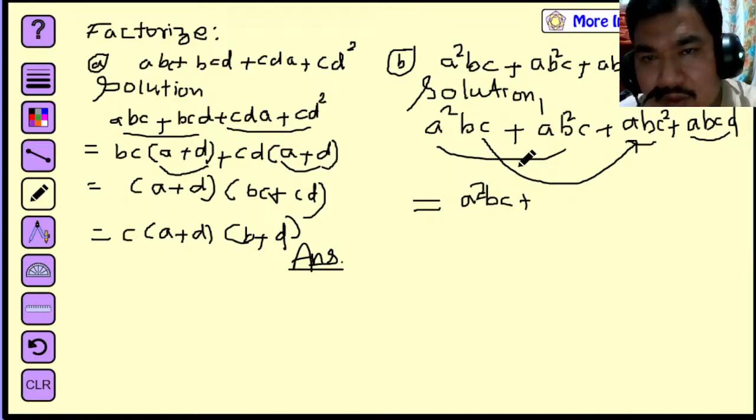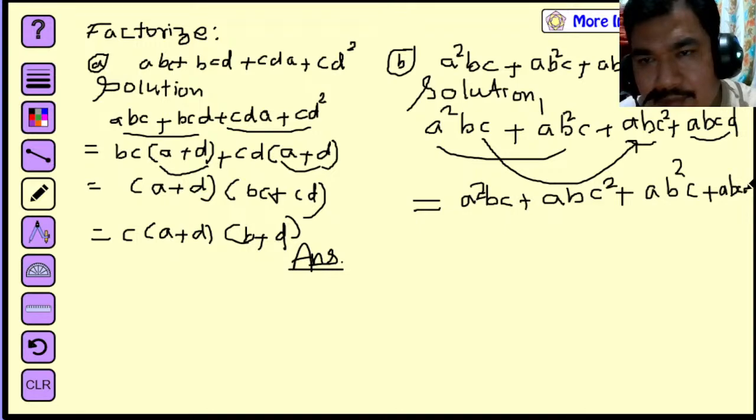Now I'm keeping this third term in second place. This sign is plus ABC square. And plus this second term I am keeping in place of the third term, that is here, AB square C, plus right here ABCD.